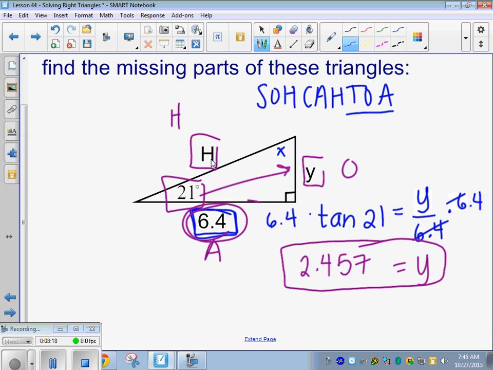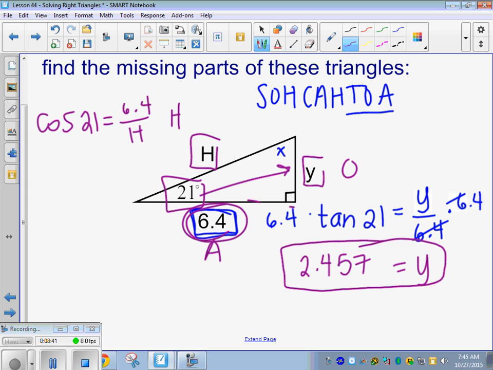Is there an h in the tangent function? No. So cosine? Let's see. Yes, I think cosine would work nicely because we are using adjacent, which we know, over hypotenuse. So let's go cosine of 21 degrees is equal to adjacent over hypotenuse.